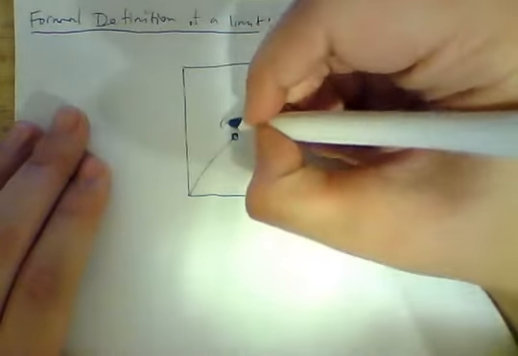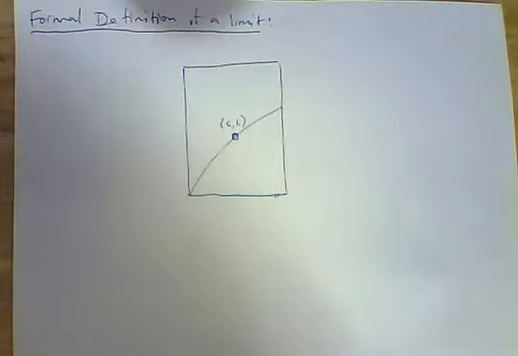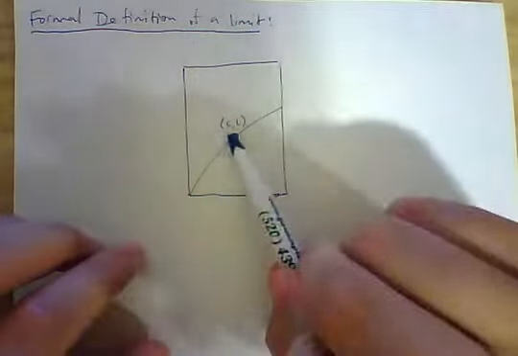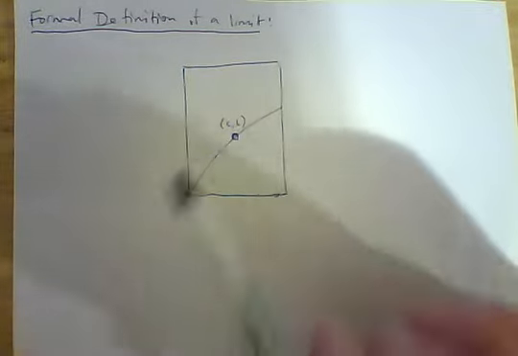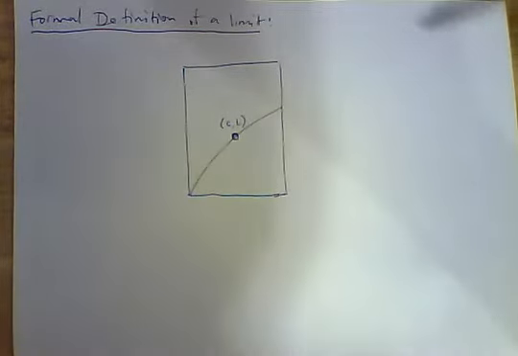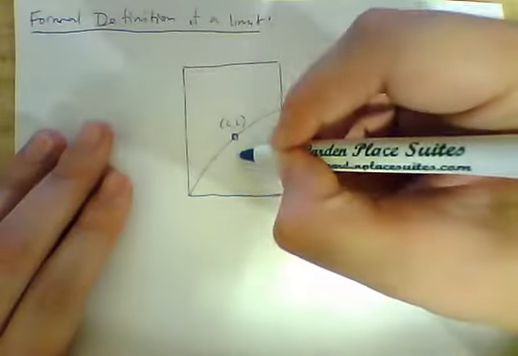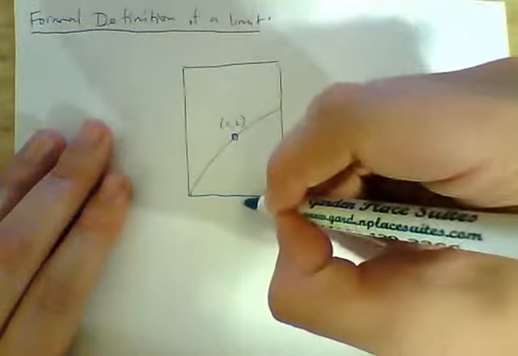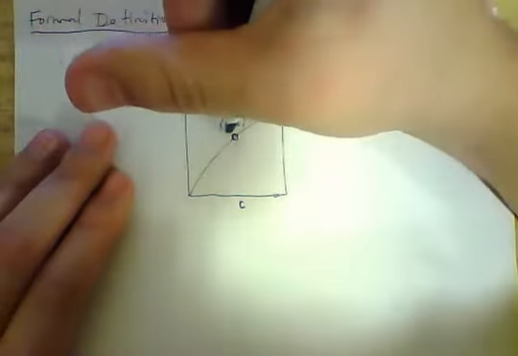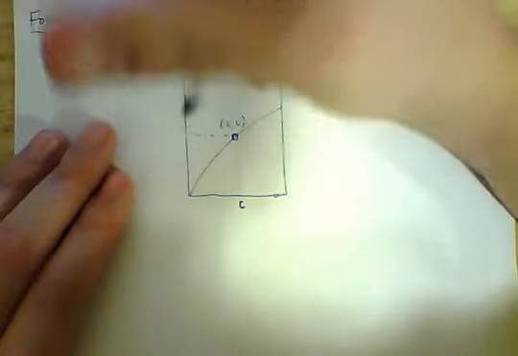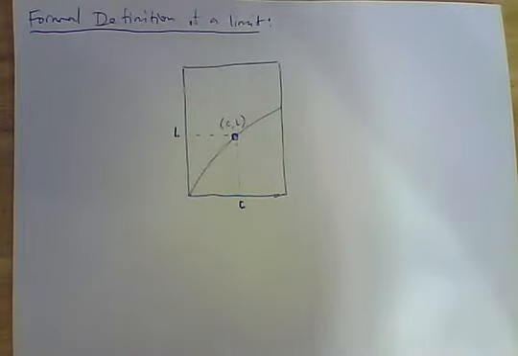And we're going to call this point C, comma, L. As x approaches C, our limit is here, right? Those are the x and y terms we're using, C and L. And we can just draw some lines down. So we can see that this point here, we would call this our C value on our x-axis. And then if we made a dotted line out, that would be our L value on the y-axis.